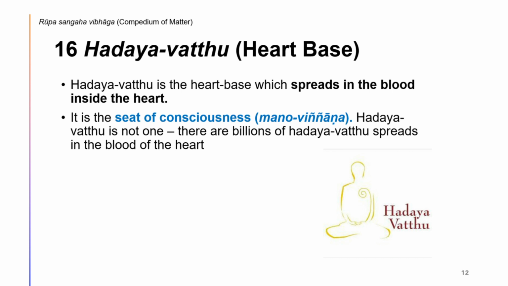So that's why we Buddhists practice how not to let anger arise. When anger arises, your blood is all poisonous. So you see how much poison you create when you're angry or upset. The blood changes color, and they measure it. This blood is toxic. So that's why you must live your life in a very controlled manner, and don't let all these bad things arise from your body. They will make your body suffer. Okay? So Hadaya Vatthu, the heart base, is talking about the blood.